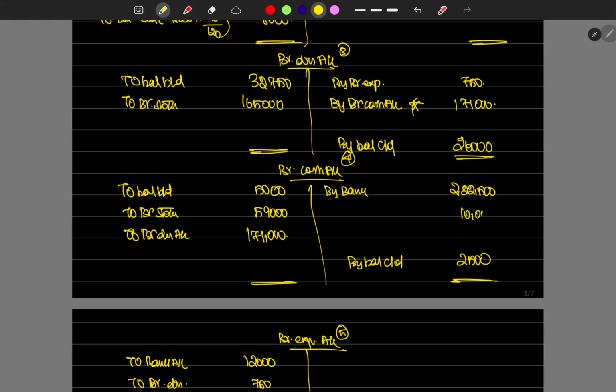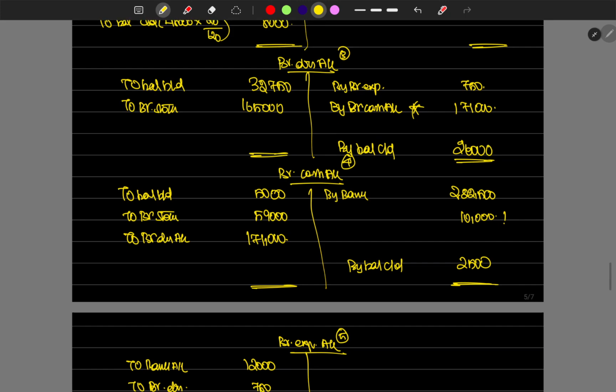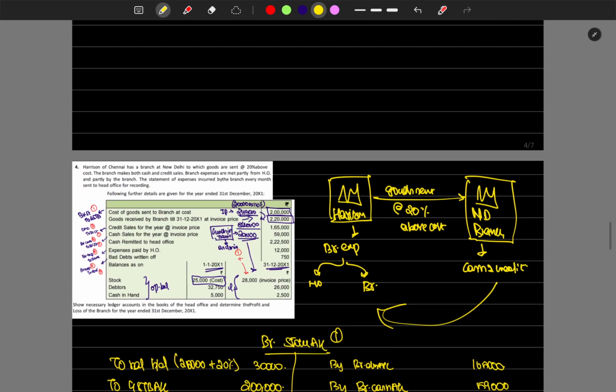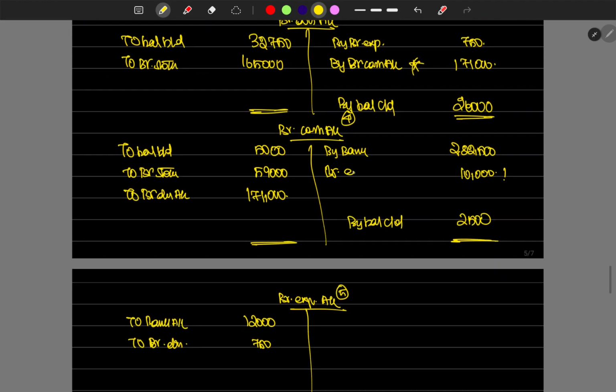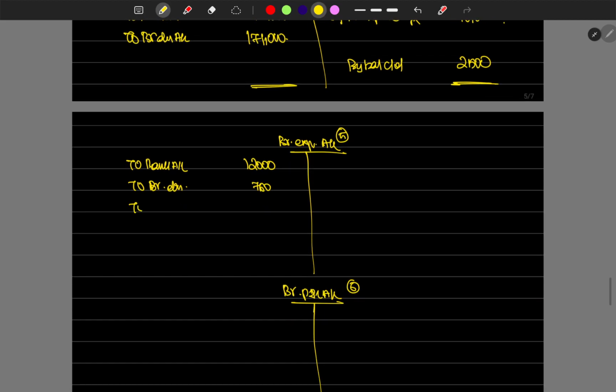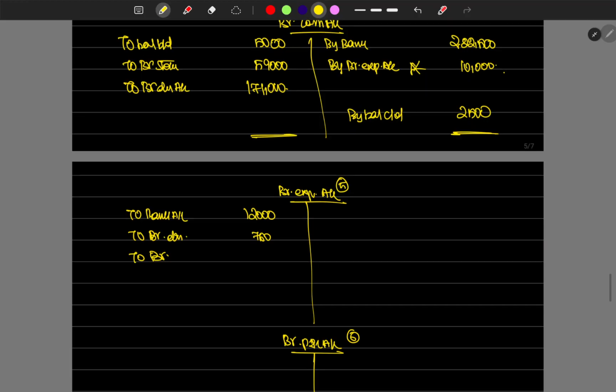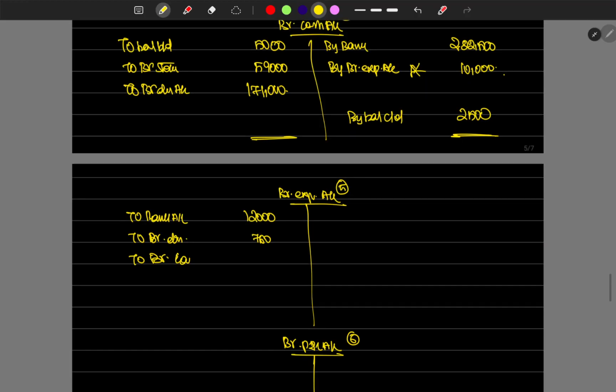Okay, what should be the balance? In the question, they said that part of the expenses have been paid by branch. So this obviously would be the branch expenses, right? So by branch expenses account, which is 10,000. This is the balancing figure. To branch cash, which is 10,000. Then that's it.